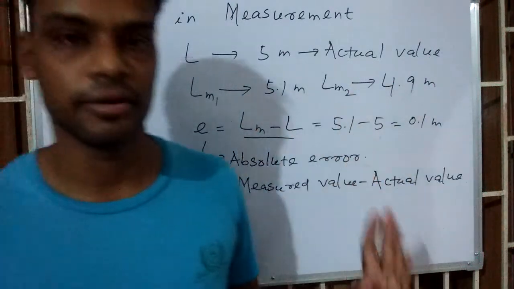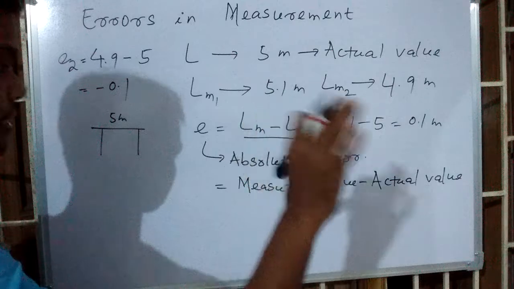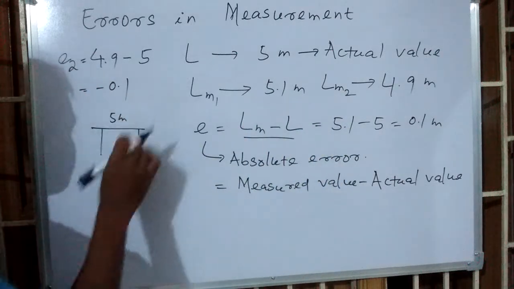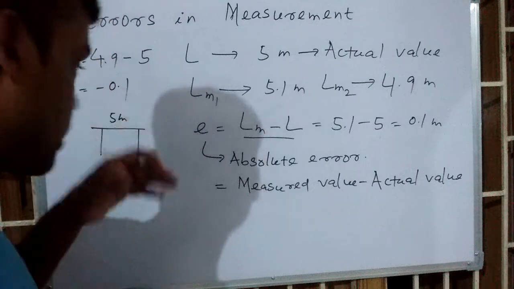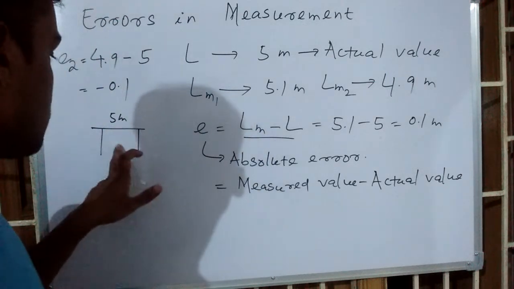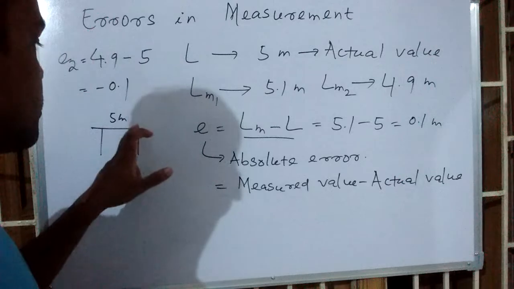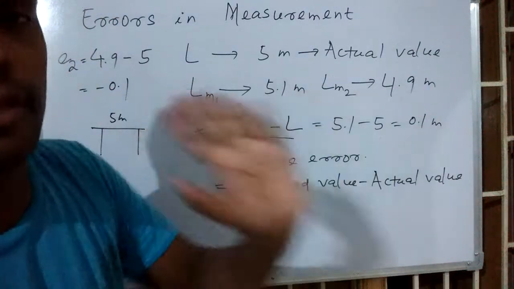measurement is carried out. So absolute error is varying, but the manufacturer of this table wants to specify the error in this measurement. He wants to specify some value that could appear as error whenever this length is measured.